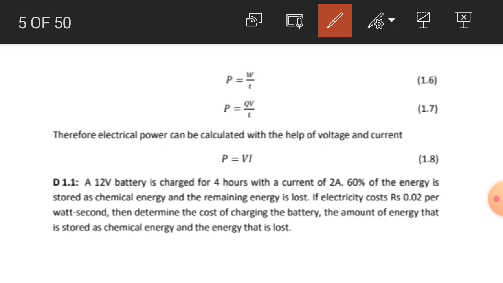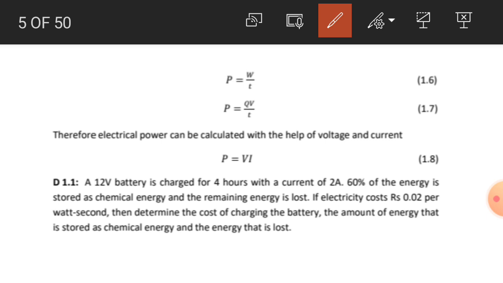So in this numerical example, we need to calculate 3 different quantities. We need to calculate the energy which is stored as a chemical energy in the battery, the energy which is lost during this charging process, and the cost of charging the battery. So we will have to calculate the total electrical energy in watt seconds.